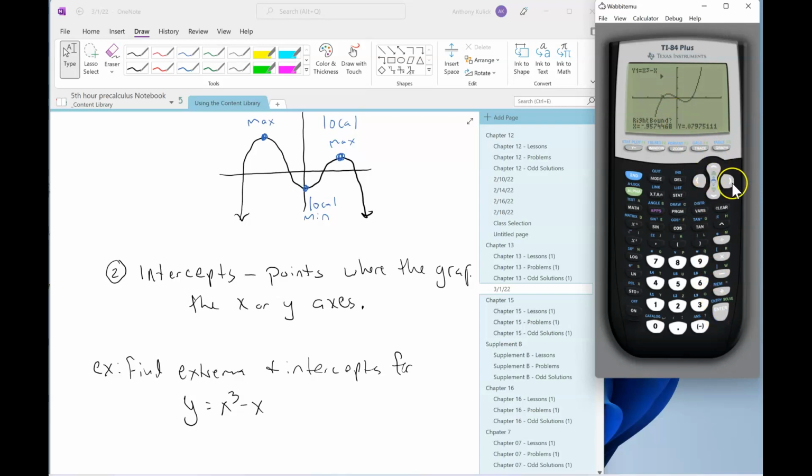Then it asks me for a right bound, so I'll move my cursor over to the right side and press enter, and then it asks for a guess. As long as I only have one extremum between my left and right bound, your guess doesn't really matter, so I'm just going to press enter again rather than wasting my time pushing buttons. And it spits out that the maximum is at -0.577, 0.385.